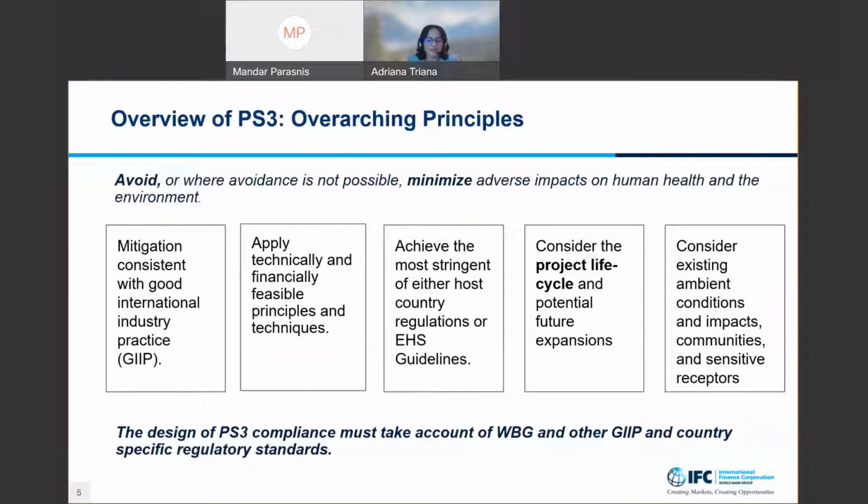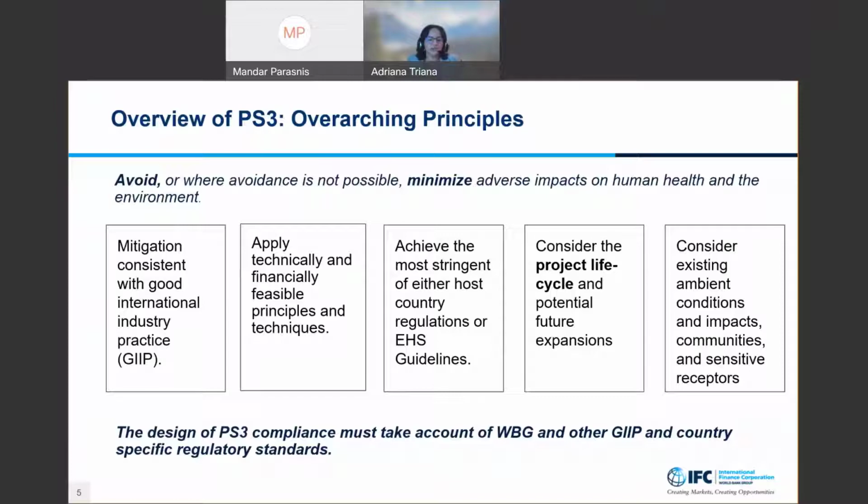Or maybe it's a land pollution issue. So looking at the project within its context and looking at whether there are sensitive receptors. Maybe there is a nearby community or a nearby sensitive biodiversity area. And here, for example, is where you link this performance standard with Performance Standard 6 or Performance Standard 5 about communities. So they all tend to be interlinked in a way.